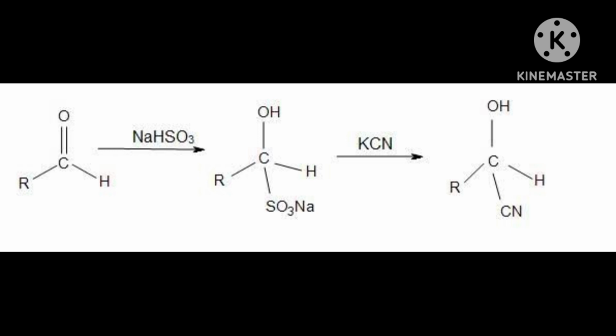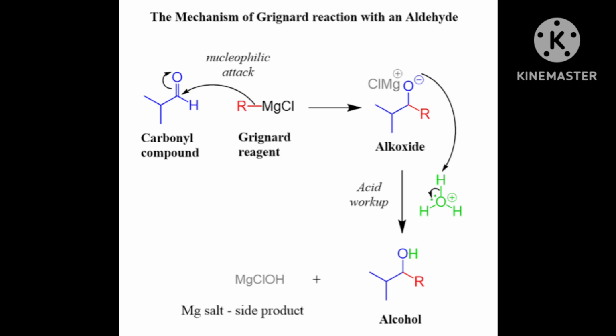Now addition of alcohols. Aldehyde reacts with one equivalent of monohydric alcohol, meaning only one OH is in that alcohol, in the presence of dry hydrogen chloride, HCl, which should be dry, to yield alkoxy alcohol.